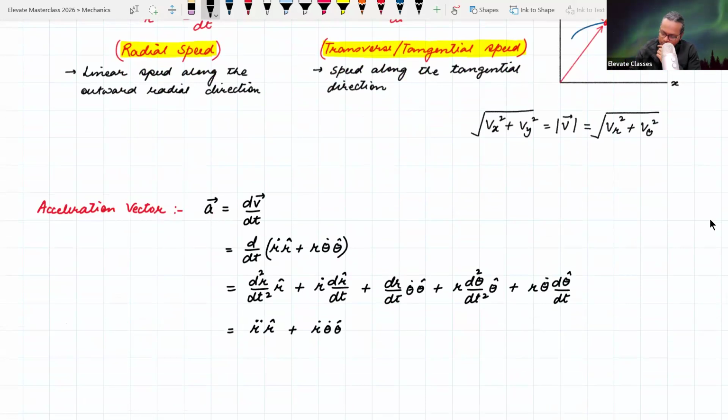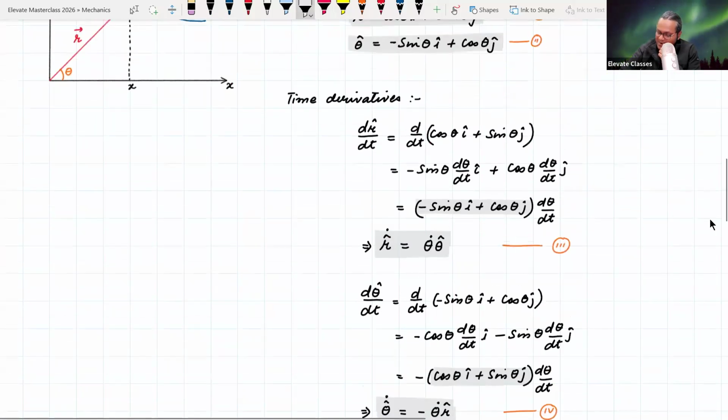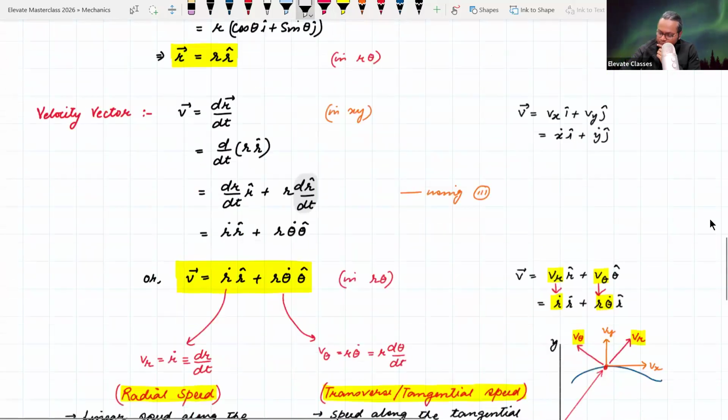थीटा डॉट थीटा कैप, ठीक है, यहाँ पे हमने सब्स्टिट्यूट कर दिया. And here we have r dot theta dot theta cap, and here we have d by dt of theta dot, so this is theta double dot, and this is r theta dot, and here we can substitute d theta cap upon dt from point number 4, minus theta dot r cap.